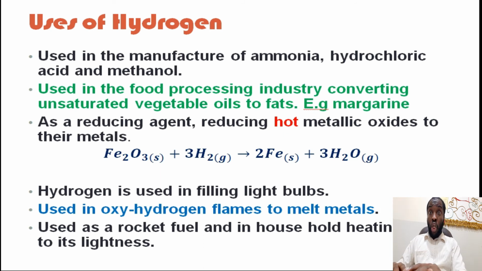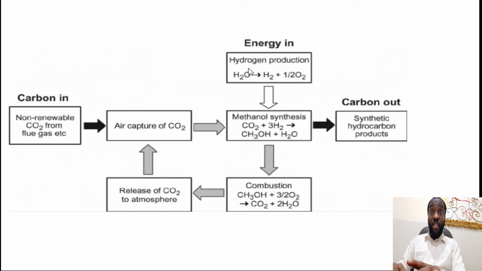Now for methanol, your hydrogen is gotten from the splitting of water. And when this hydrogen combines with carbon dioxide from your flue gas, we have our methanol. You don't need to know this, but I just wanted to show you how hydrogen is used in the production of methanol.